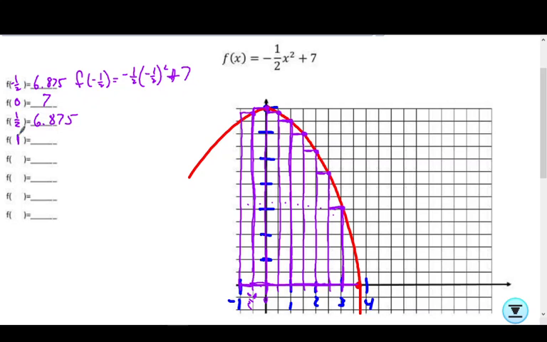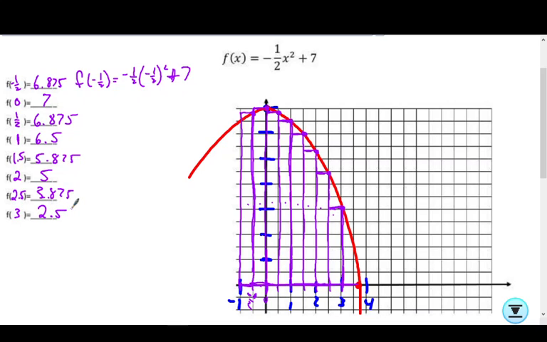Then we're going to plug in 1 and get 6.5, then 1.5 and get 5.875, then 2 and get 5, then 2.5 and get 3.875, and then plug in 3 and get 2.5.